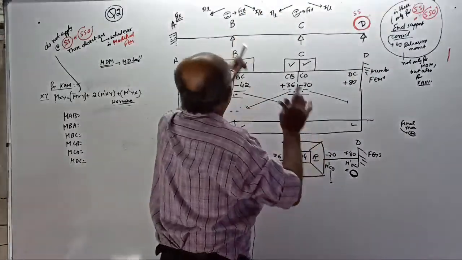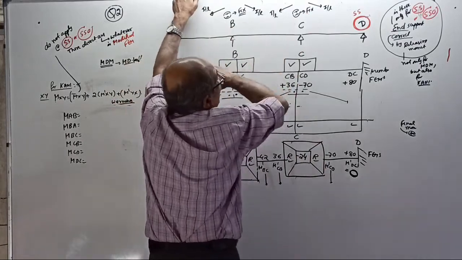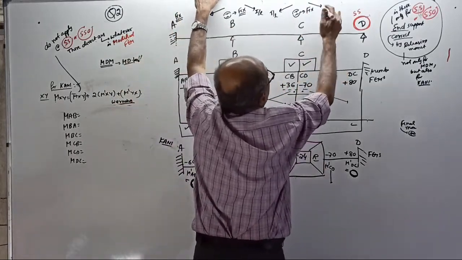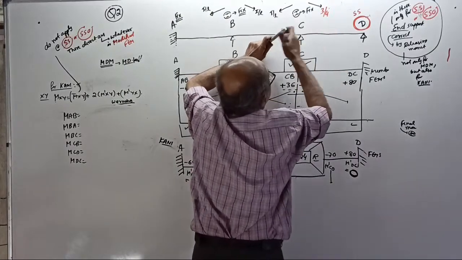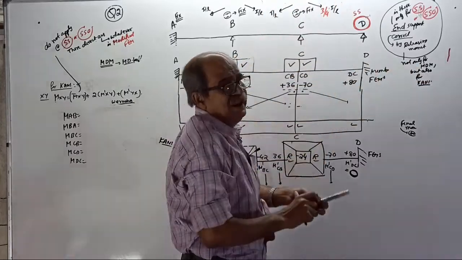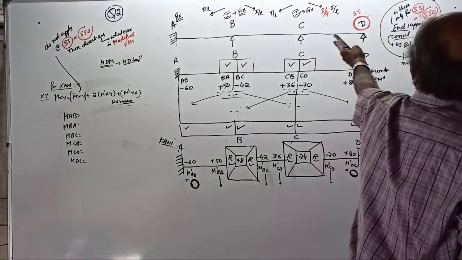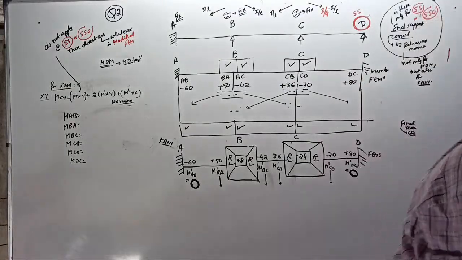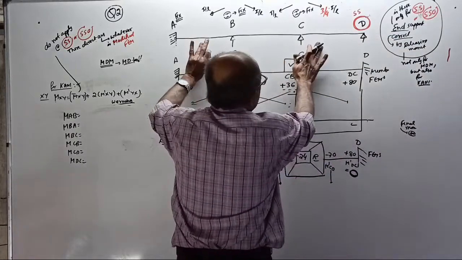Tell me, one by one change. I by L, I by L, I by L. This is not I by L. This is 3/4 of I by L. Clear? Stiffness of CD equal to 3/4 of I by L. Okay, over. Now, go to MD method.